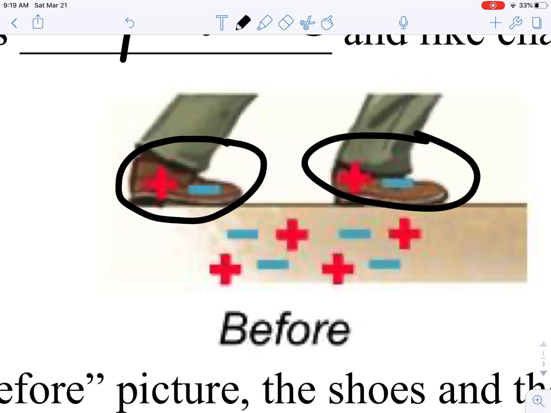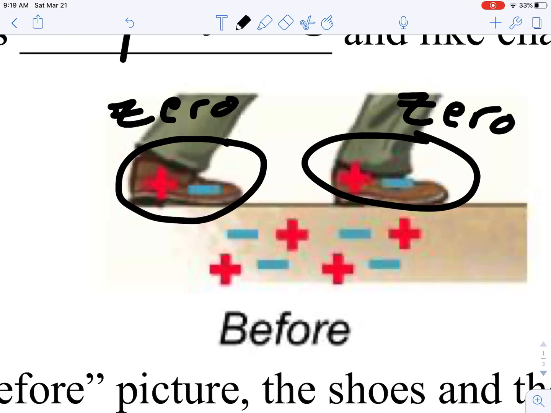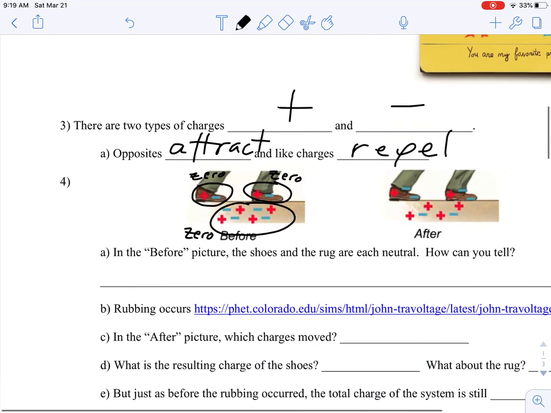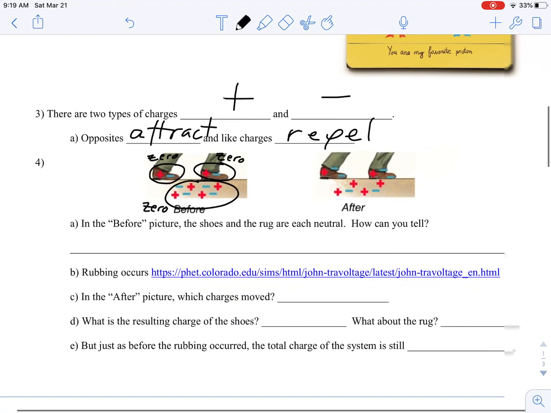Positive and a negative, that's neutral, right? So I'll just write 0. 0 there too. Then down here, we have 1, 2, 3, 4 positives, 1, 2, 3, 4 negatives. So this is 0 or neutral as well. So how can you tell? Put that in your own words, but basically same number of positive charges as negative charges.